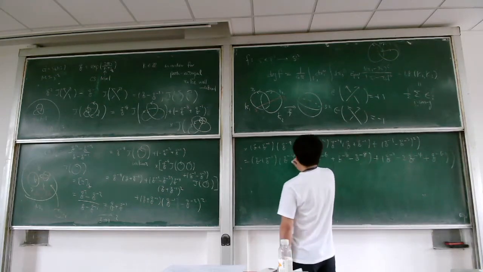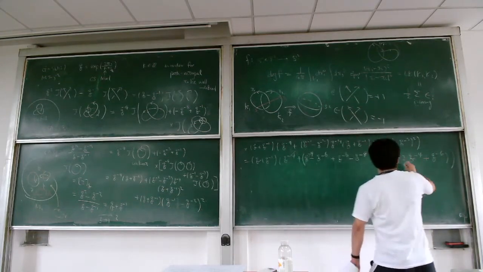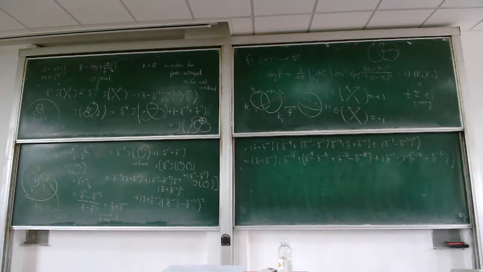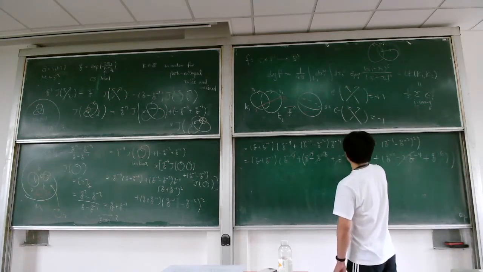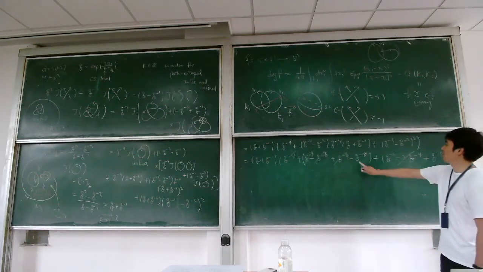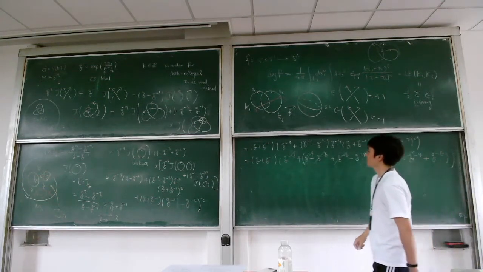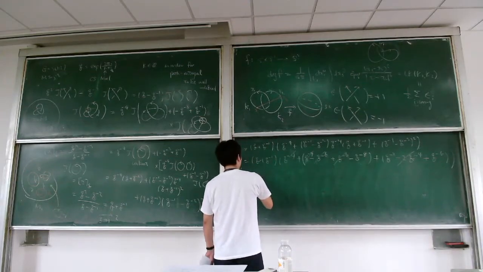And then this guy cancels with this guy. Okay? And what else will cancel? This guy will cancel with this guy. And you get this one, this one, this one. Okay? Oh, okay. I got a result.